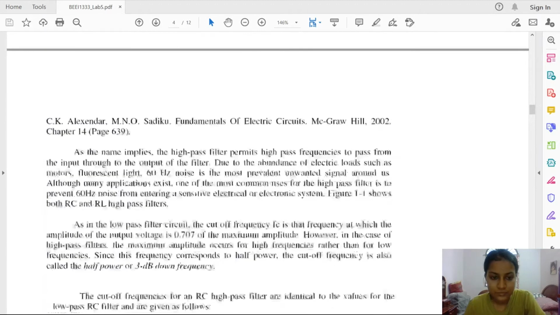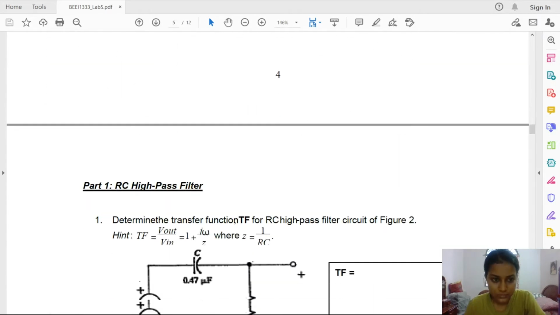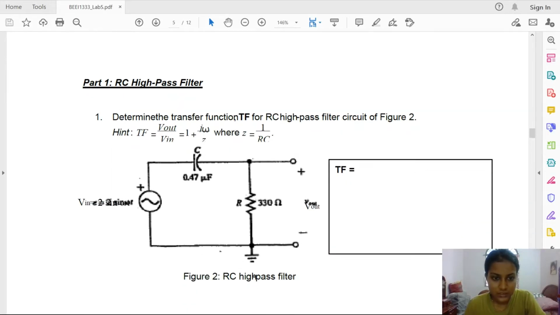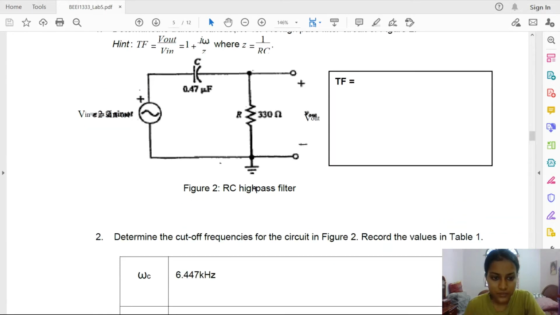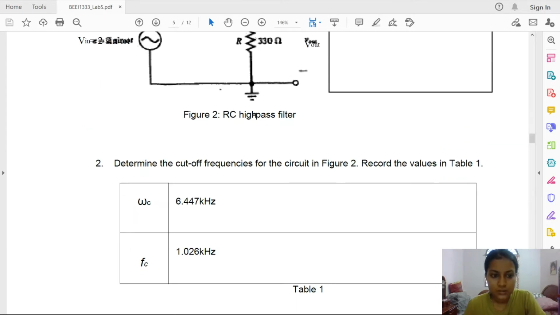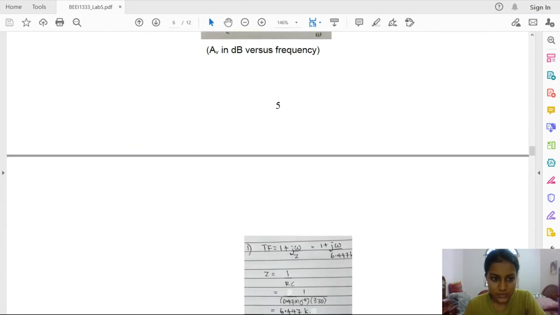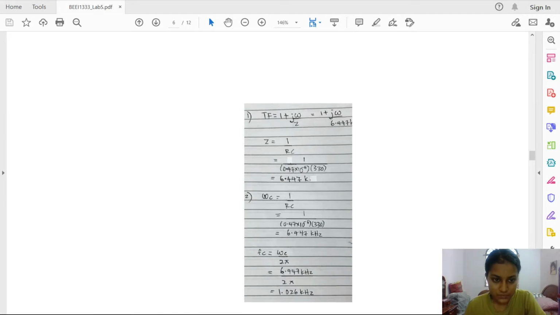Okay, so here is the TF, and I've calculated the TF using the formulas, also for the omega C and also the frequency. So here are my calculations.